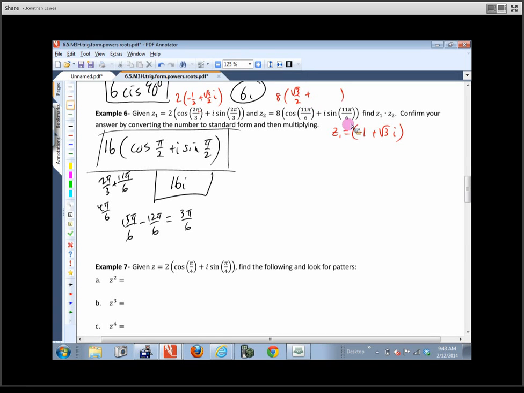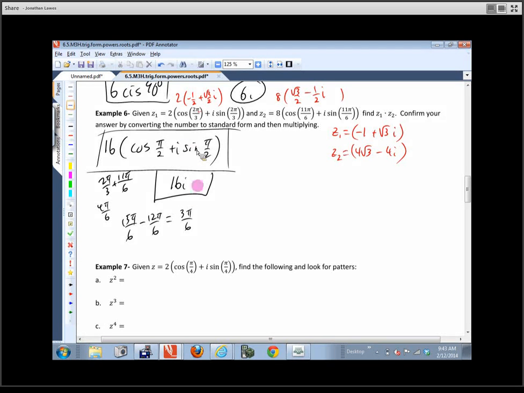Plus, I need the sine of 11 pi 6, a 30-degree angle. That's going to be negative 1/2, so I'm going to write minus 1/2 i. So if I distribute through, the 2 is going to cancel. So Z2 is going to be 4 radical 3, and then minus 4i.